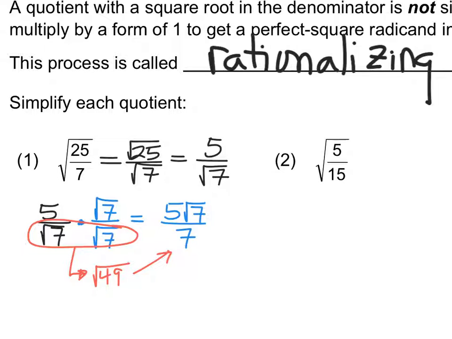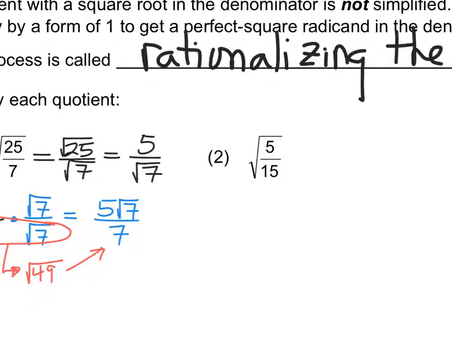All right. The second example, we just have to clean it up a little bit. Before you break up your radical into 2 separate radicals, you may want to consider simplifying what's on the inside there. 5 over 15 simplifies down to what? 1/3. 1/3 under a radical.